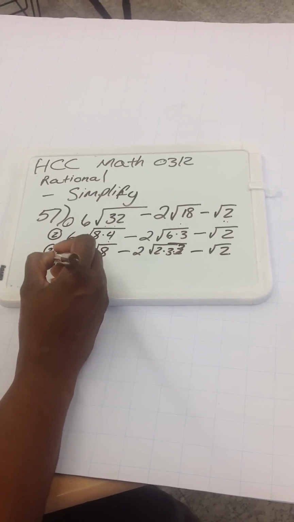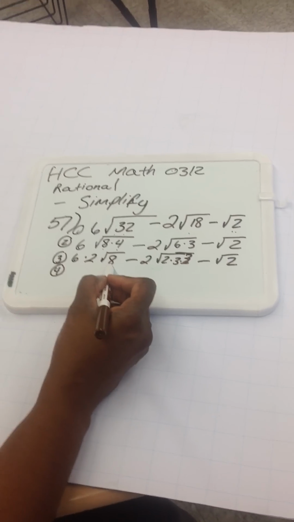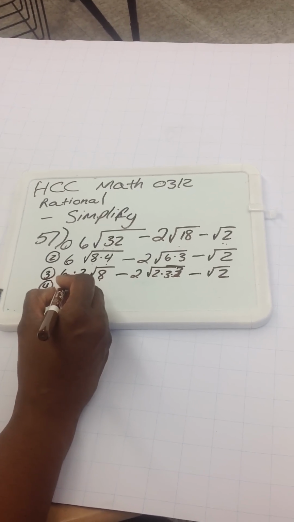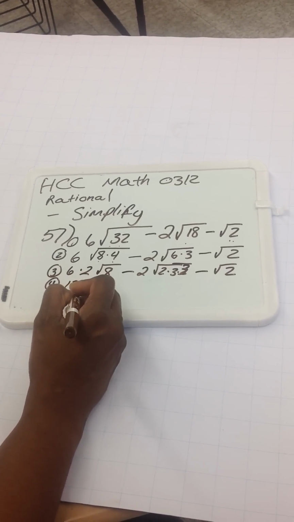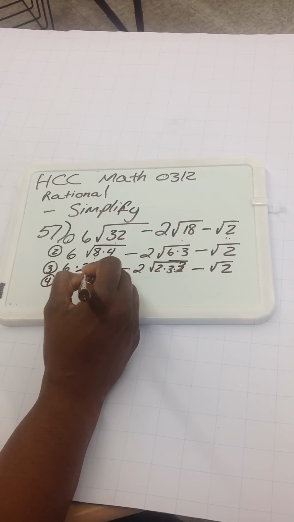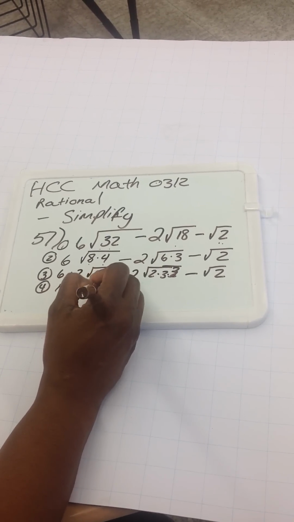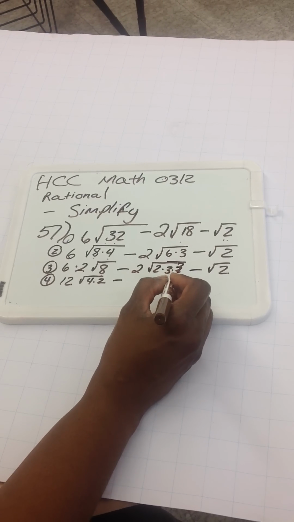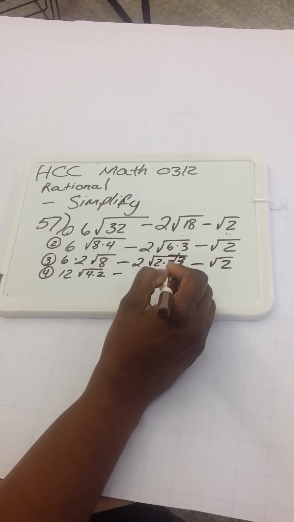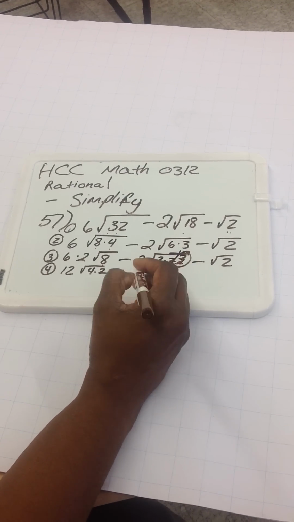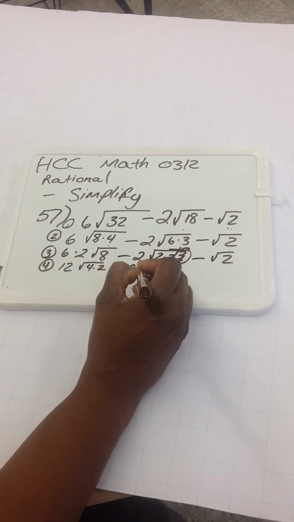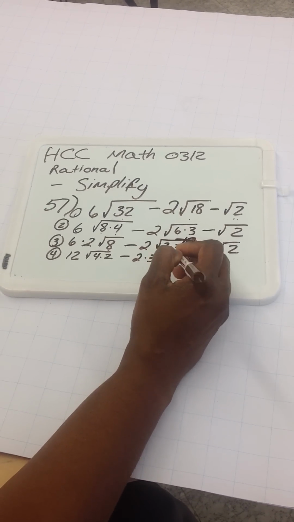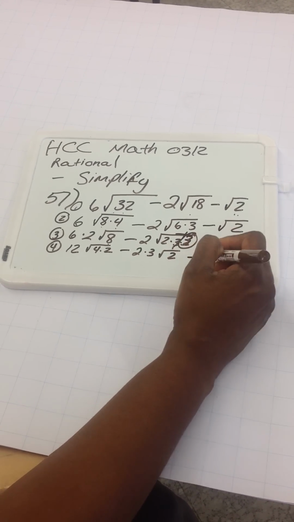Step 4. In step 4, we have this 8 here to break down. So 6 times 2, which happens to be 12, the square root of 8, which is 4 times 2. Minus, if we have 2 of the same things in a radical symbol, we can cancel out 1 and bring 1 out. So we're going to bring out a 3. So that's going to be 2 times 3 times the square root of 2, minus the square root of 2.